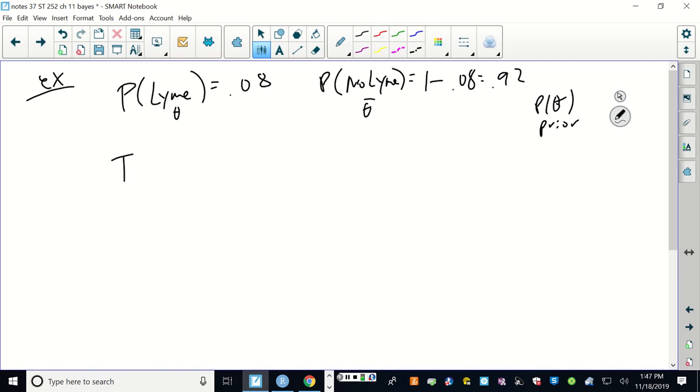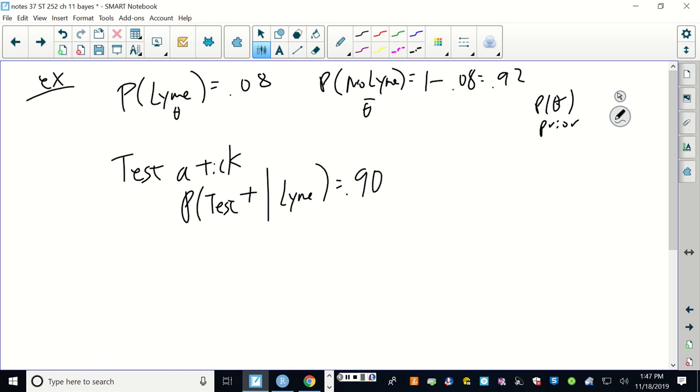And then we're going to test a tick for the Lyme disease. Let's say that we develop a test, and the probability that the test is positive, given that the tick does have the Lyme disease, is 90%. The test probably goes off antibodies or other chemicals associated with it, or genetic structure of the disease that it can detect. So say it's 90%.